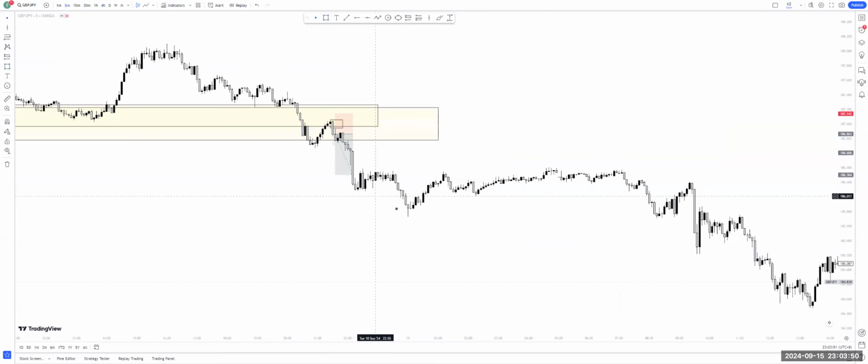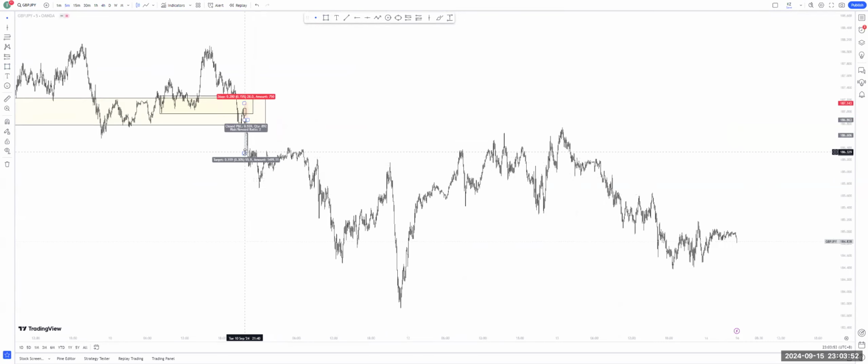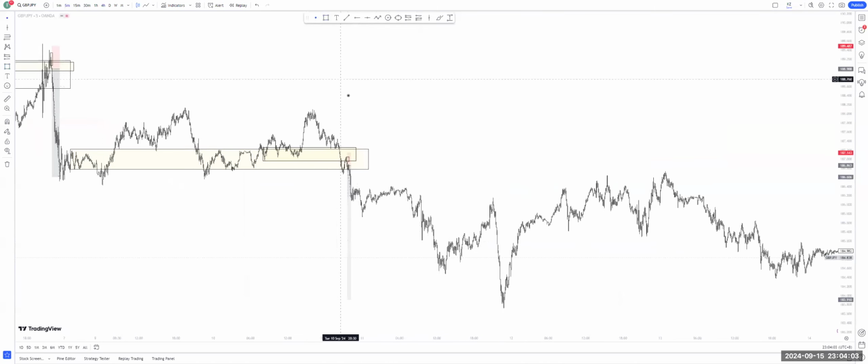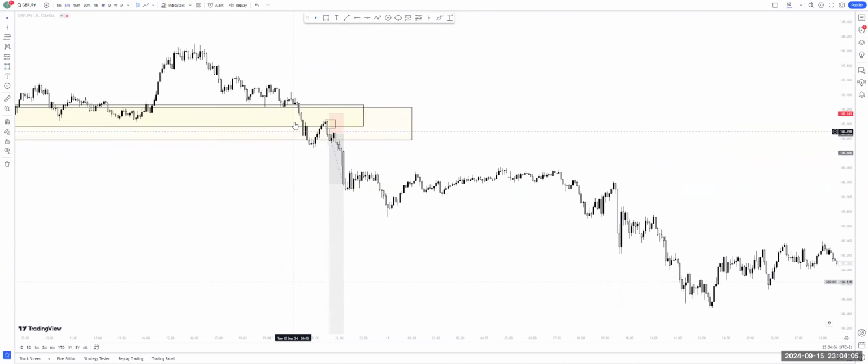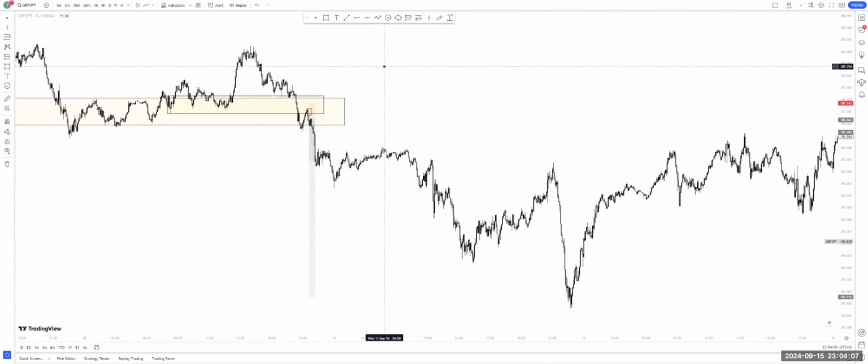Okay. You're looking for 10R? Boom. Drag it more. Would you say BE is also subjective? I'm going to break even my position after the price runs 1-to-1. Yeah. I would rather take a BE than a loss.